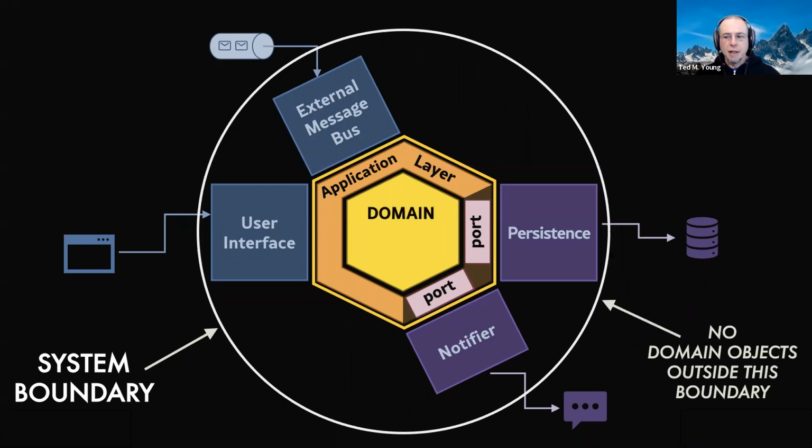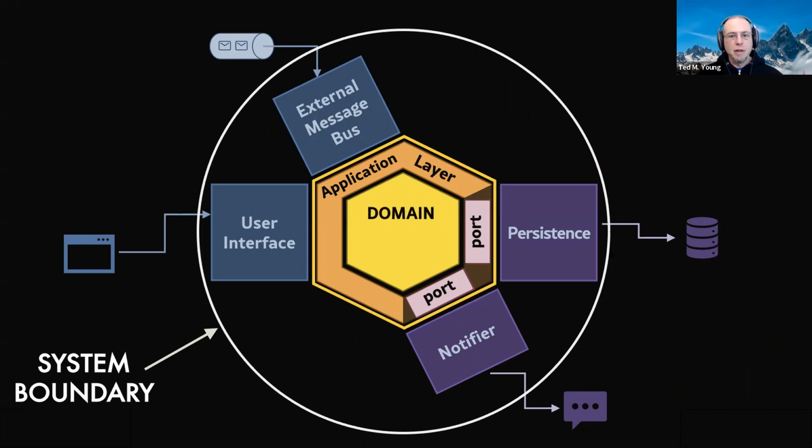But note that one of the layers is separated from other parts of that layer. So user interface is separated from the external message bus. Persistence is separated from the notifier. And that's very explicit, that the parts outside the hexagon are broken up into pieces that are specific to what their task is. And that makes it easy to plug in new ones to test these things.